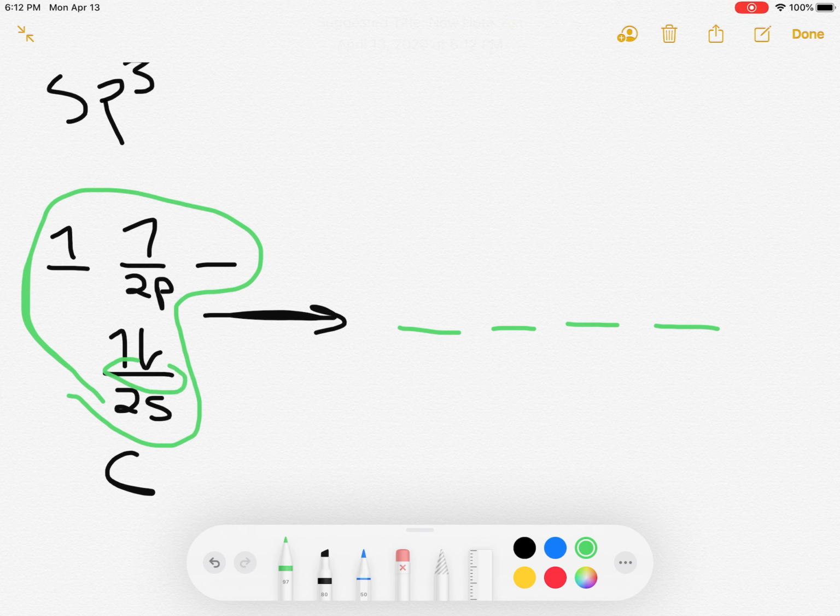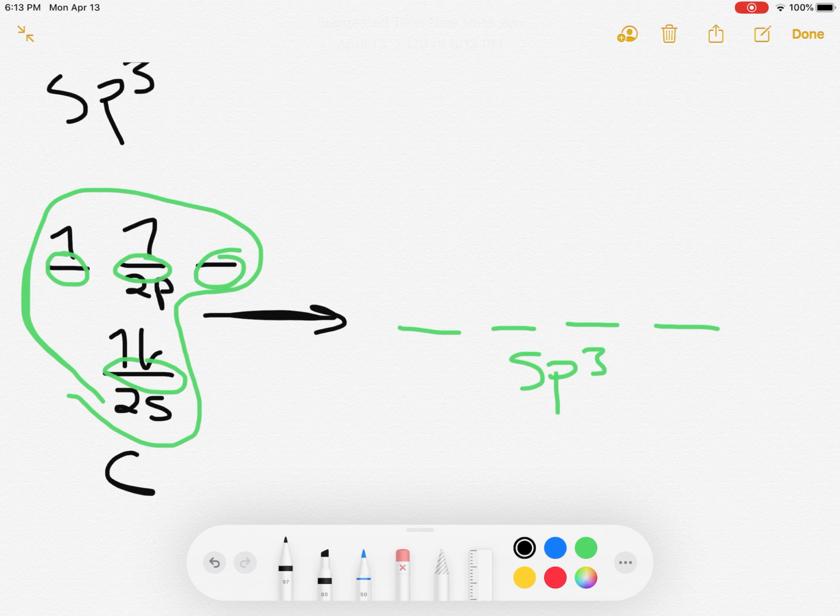So I'm just putting them all together in this sp3 hybrid orbital. Okay, so then to know how many electrons I have, I just count up the electrons in the sp orbitals. I have a total of 4.